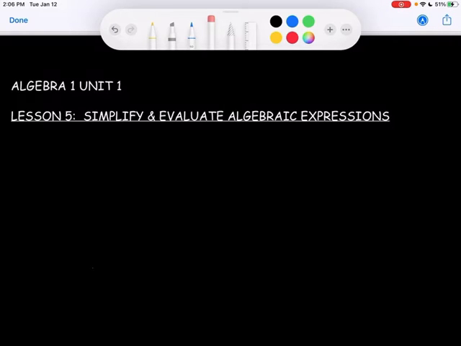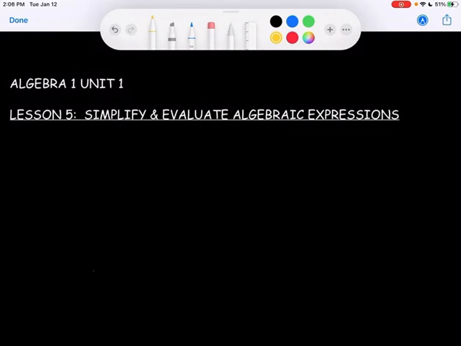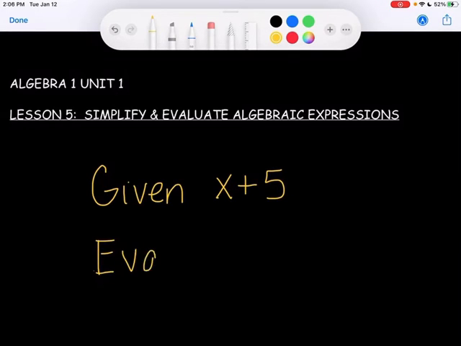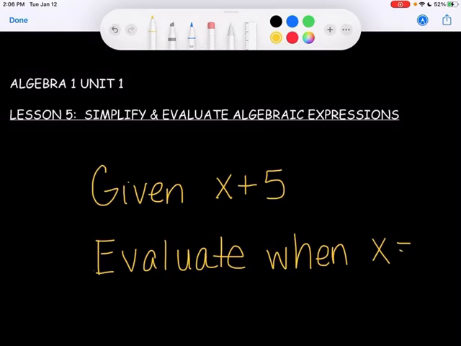For example, let's say you're given x plus 5, and then you're asked to evaluate when x equals -3. Since x equals -3, I'm going to put a box around x, and I'm going to put a box around -3 showing that they are equivalent.